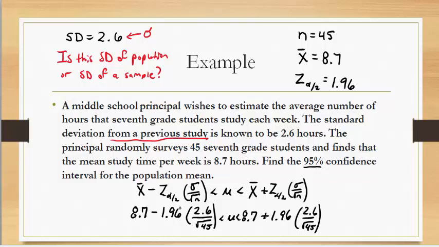All right, we're going to round our final answer to 2 decimal places. So we're going to have, for the left-hand side, 7.94. And for the right-hand side, 9.46.